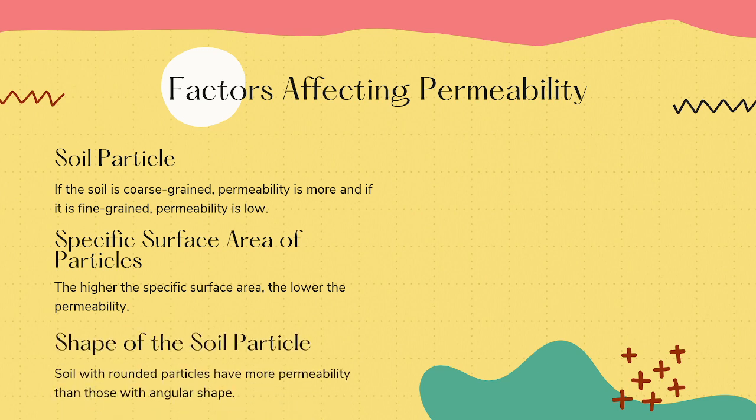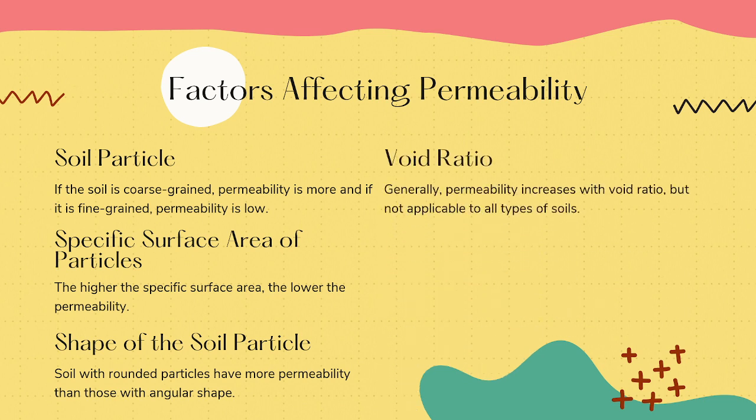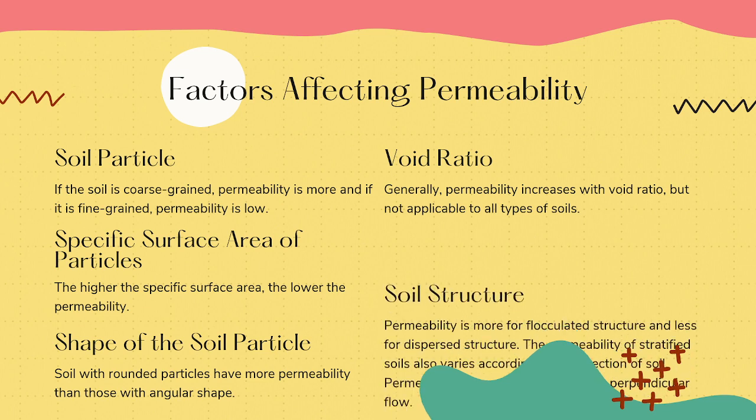Next is the shape of the soil particle. The permeability is more for soils with rounded particles than those with angular shape. Next is the void ratio. It is said that generally the permeability increases with void ratio, but that is not always applicable to all types of soils, for clays in particular.